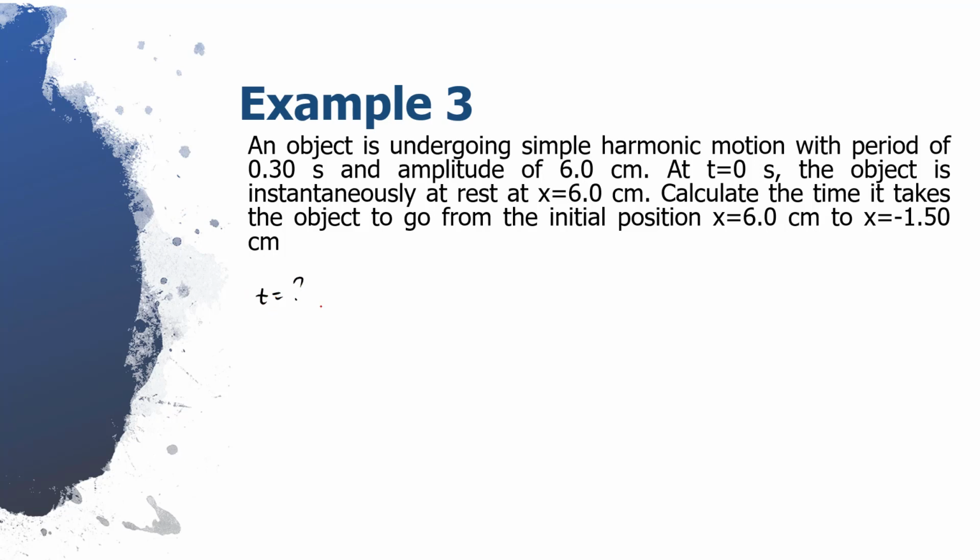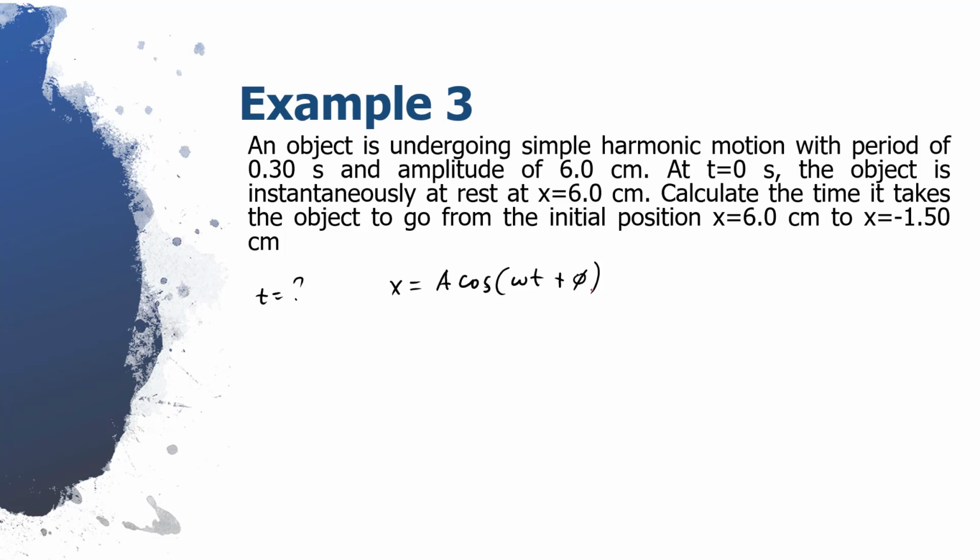In order to solve for time, we must know the expression of our displacement, and the displacement here is x, which is equal to the amplitude times cosine of omega t plus some phase angle phi.